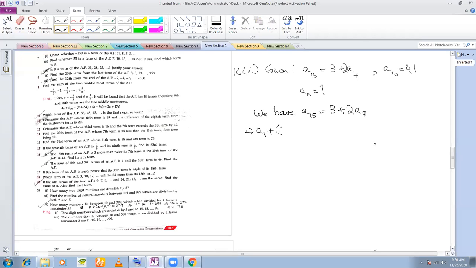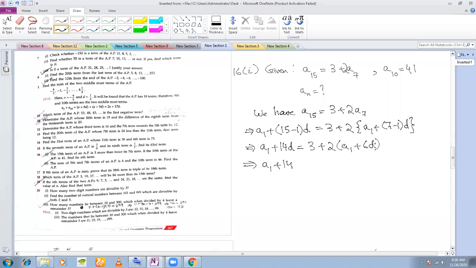Instead of A15 we write A1 plus 15 minus 1 into D, and instead of A7 we write A1 plus 7 minus 1 into D. So here you get A1 plus 14D is equal to 3 plus twice A1 plus 6D. You get A1 plus 14D is equal to 3 plus 2A1 plus 12D.